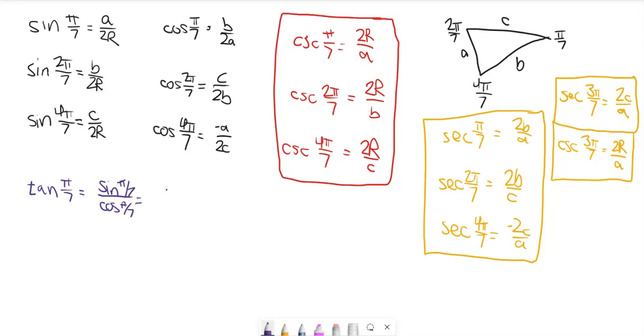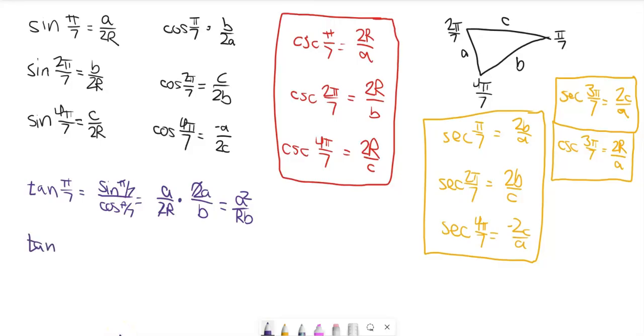We get a over 2r times the reciprocal of the cosine ratio, which is 2a over b. The 2's cancel, so we get a squared over rb. That is the tangent of pi over 7.